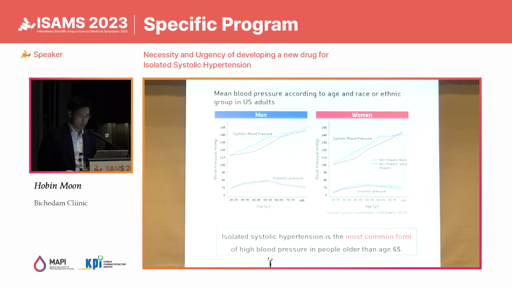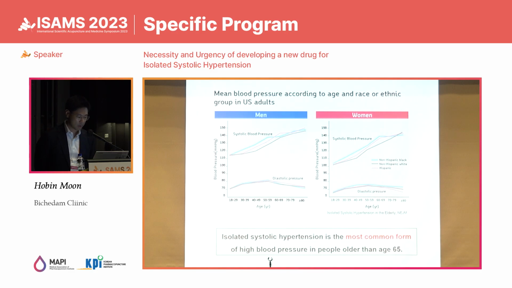Regardless of gender and race, systolic blood pressure rises as age increases, but diastolic blood pressure falls as age increases. To say that blood pressure rises as you get older is half right and half wrong, because systolic blood pressure continues to rise, but diastolic blood pressure decreases after 50s.